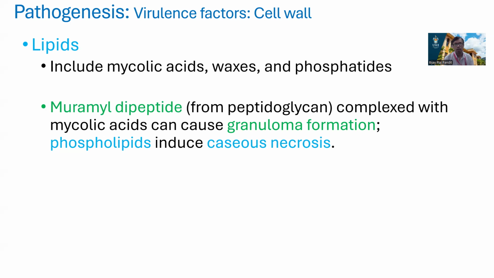It also contains muramyl dipeptide, which makes a complex with the mycolic acid and causes granuloma formation, the hallmark of tuberculosis for diagnosis. The phospholipids present in the cell wall also induce the caseous necrosis that occurs in the lungs.